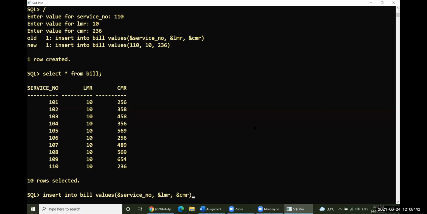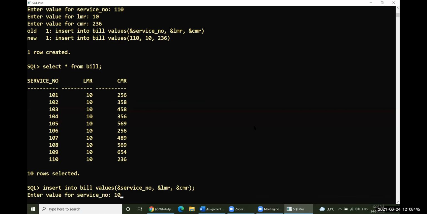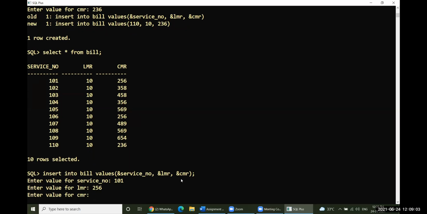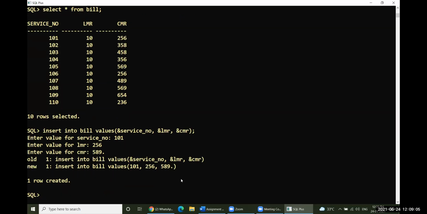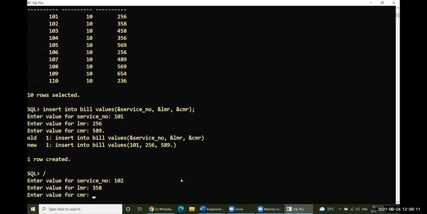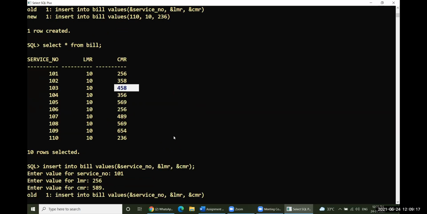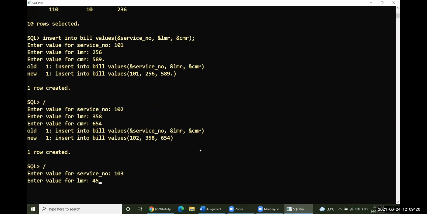So let me introduce. 101: 256 is the initial and 589 is the final. 102: 358 is initial, 654 is the next one. Then 103: 458 is the initial and 769.